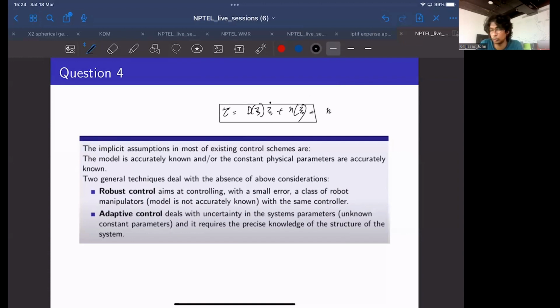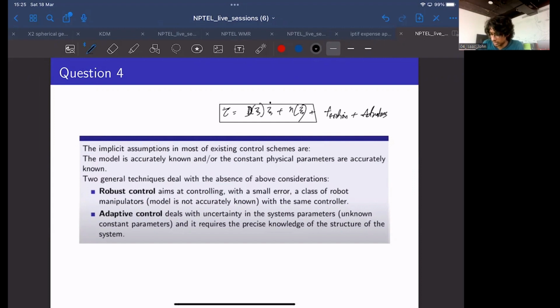There may be some terms due to the friction in the robot, which we are not taking into consideration, and maybe some terms due to actuator saturation. A lot of other terms could come, and whatever we have estimated as this mass matrix might not even be 100% accurate. There could be some differences, because we cannot exactly determine how the mass matrix would look like in case of a real system.